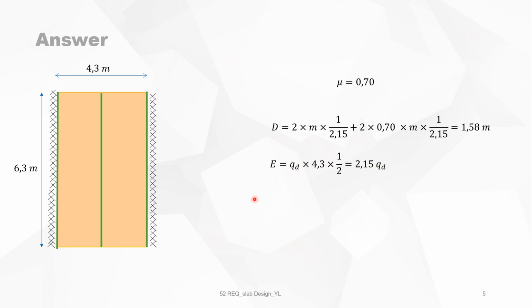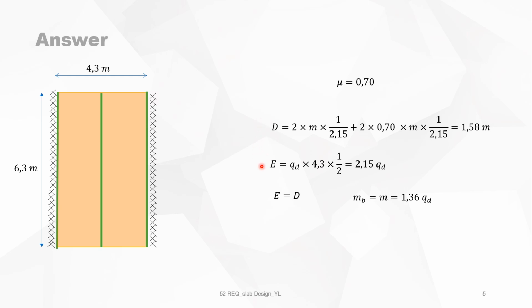The work done by the external forces is, of course, the total load, because we have two rectangles together. So it's the total load, which is 4.3 times 1 meter width, gives you QD times 4.3, and the mean deflection of a rectangle is delta over 2, gives you a total of 2.15 QD. Now we know that those should be equal.